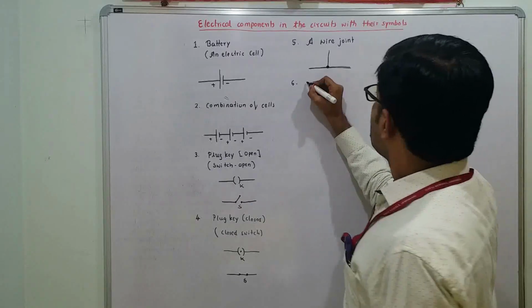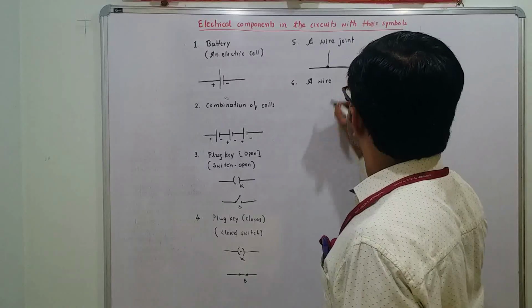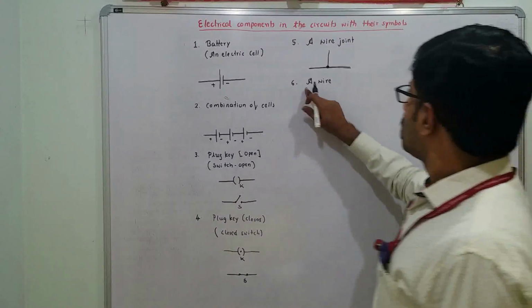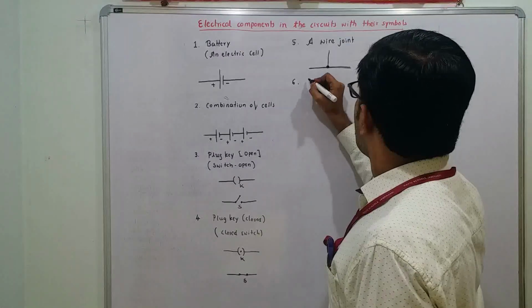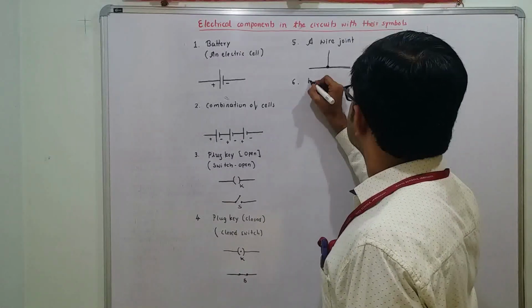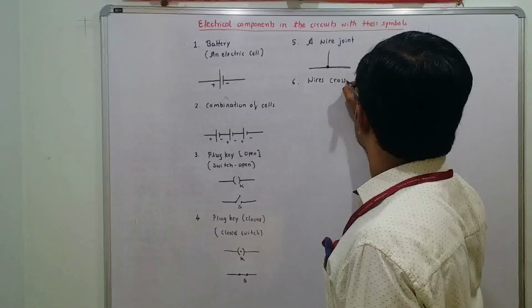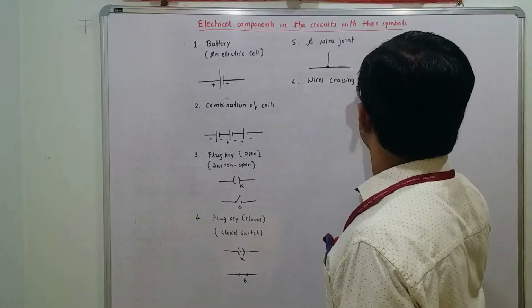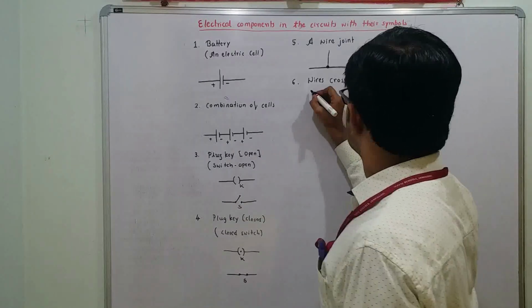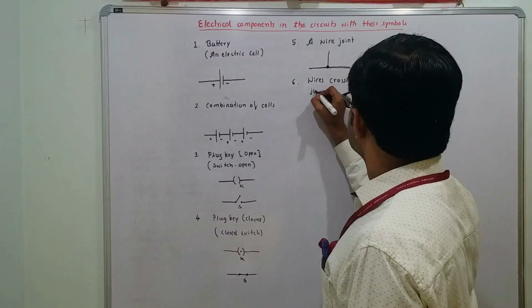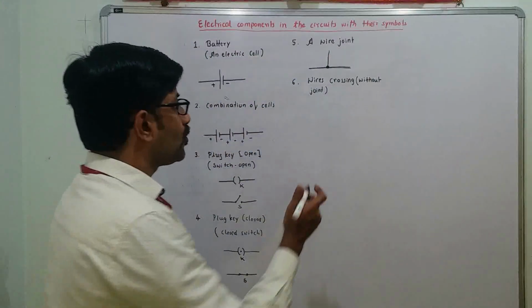Now, wires crossing without joint. Let's imagine we are having two wires.